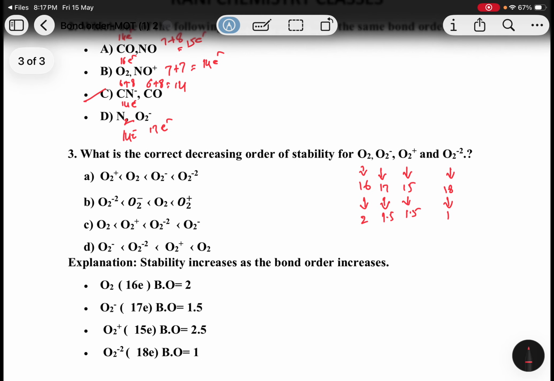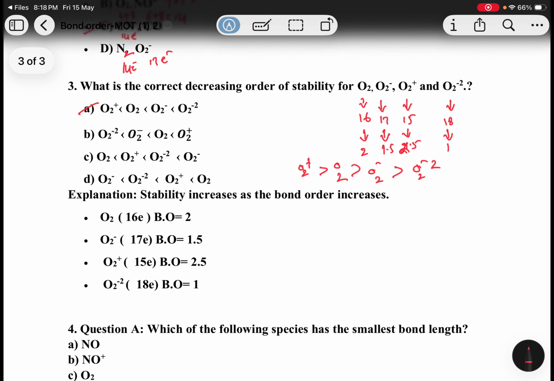So O2 plus has the most bond order, next O2, next 1.5 O2 minus, next O2 2 minus. So this order is present in option A, O2 plus, O2, O2 minus, O2 2 minus. So option A is the correct one.